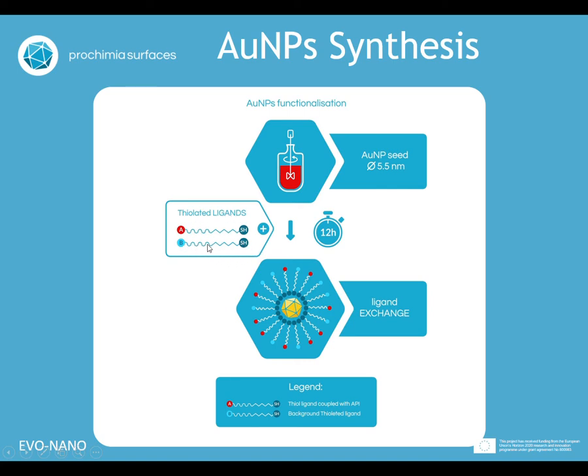One of them is the background thiol, the second is the thiol with the API at the end. So the composition of the gold nanoparticles and the ratio between thiols attached to the surface in fact reflects the composition and the ratio of the thiols in the solution.